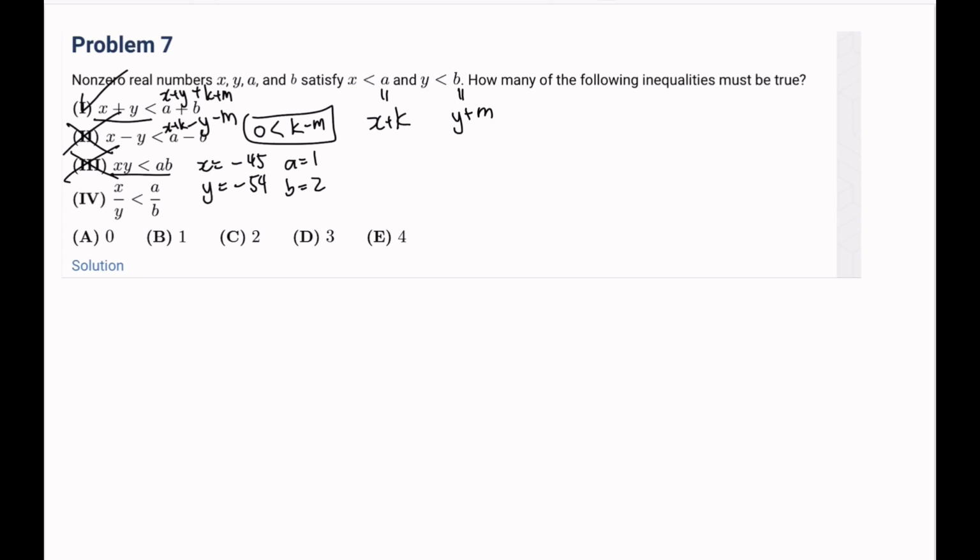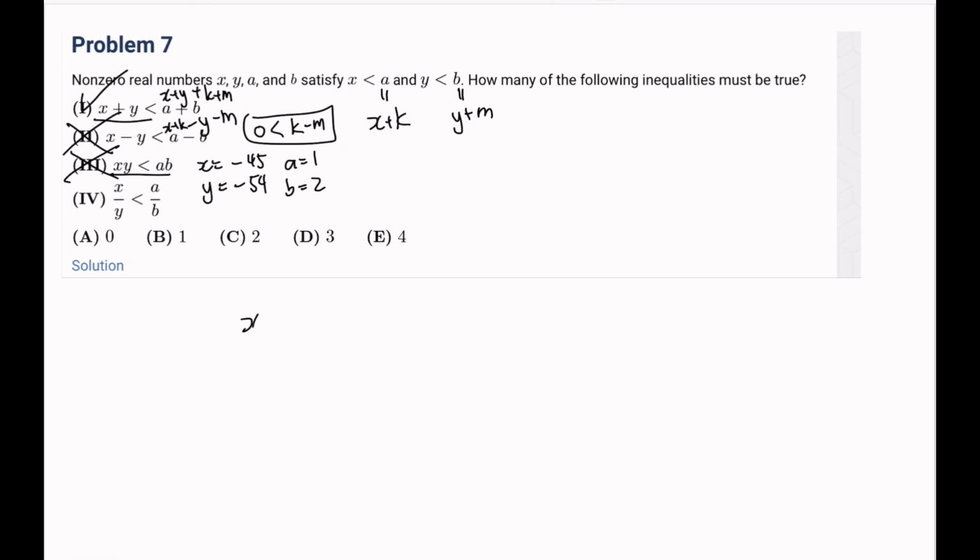And number 4, x over y is less than a over b. The same logic applies with number 4.